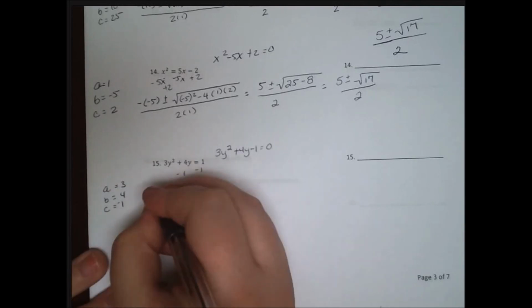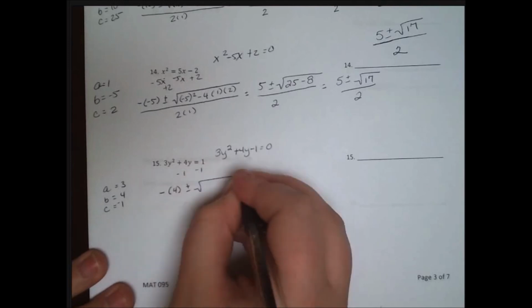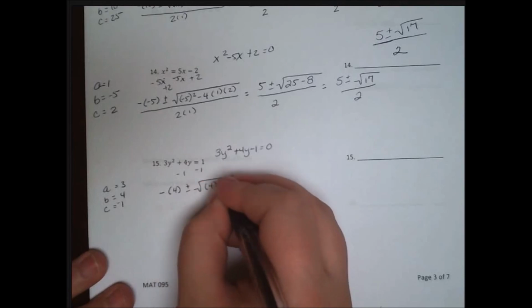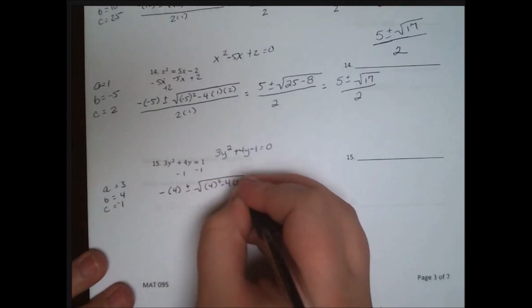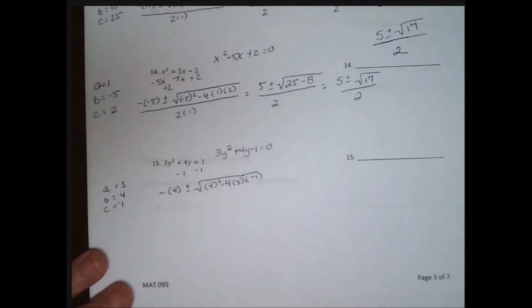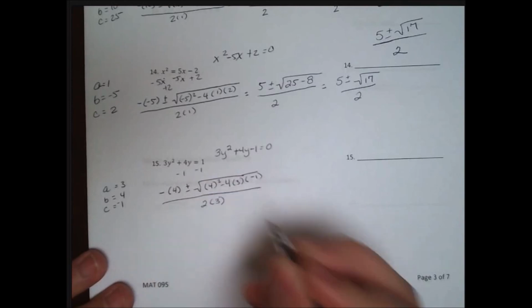So we have negative B plus or minus the square root of B squared minus 4AC all over 2A.